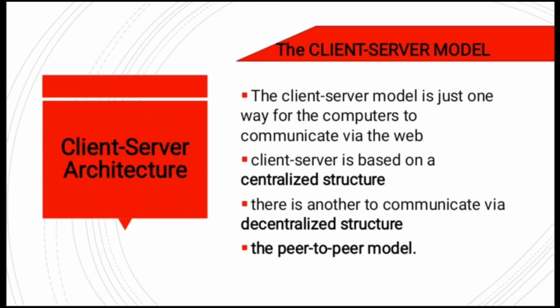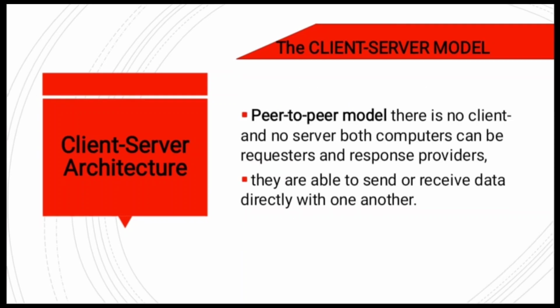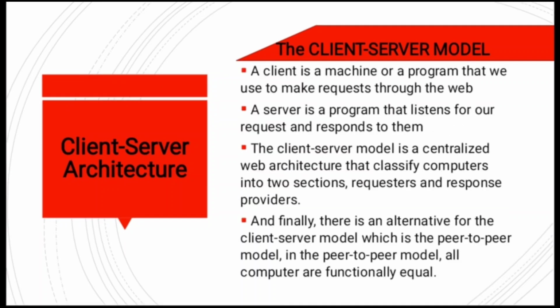There is another way to communicate, via a decentralized structure: the peer-to-peer model. There is no client and no server. Both computers can be requesters and response providers. They are able to send or retrieve data directly with one another. A client is a machine or a program that we use to make requests through the web. A server is a program that listens for our requests and responds to them.